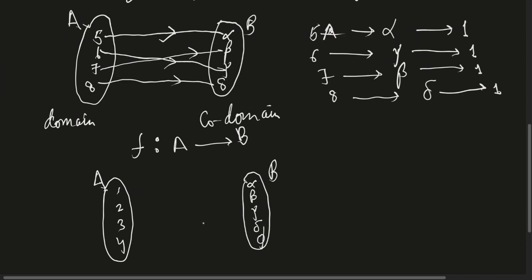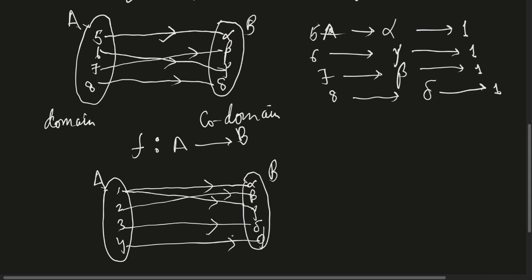These are the elements in set B, and these are the elements in set A. Now we will start mapping. Here we have mapped 1 with alpha, and let us also map 1 with gamma. Now we will map element 2 with beta, element 3 with delta, and element 4 with phi.